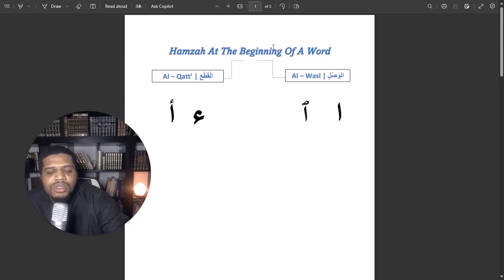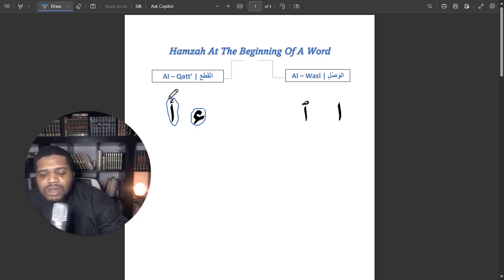So the first one is Hamzatul Qat', and it is very easy to identify and pronounce. The way to identify it is just by looking for the Hamza shape. Okay, so once we see this, or we see something like this at the beginning of a word, then we know this is instantly Hamzatul Qat', because you can clearly see the Hamza written.